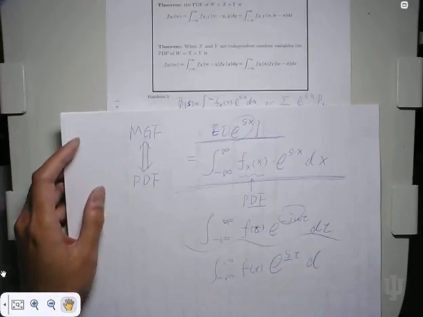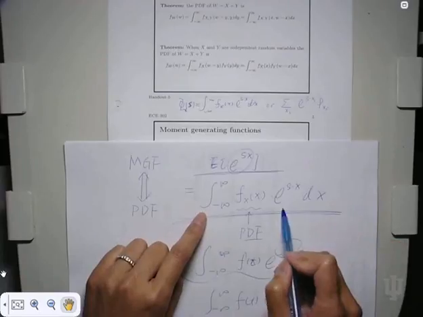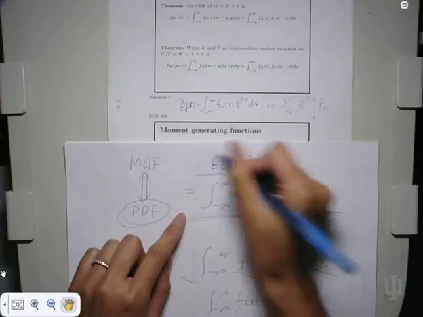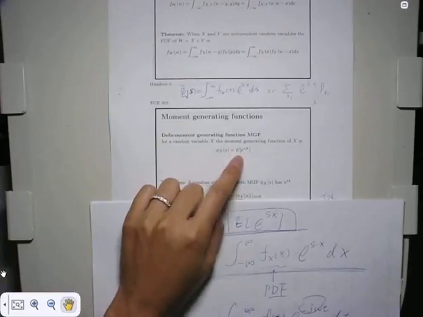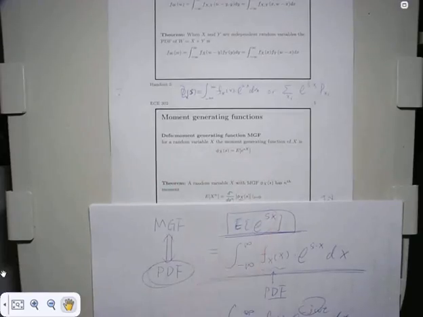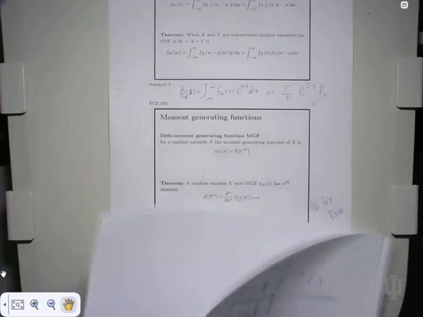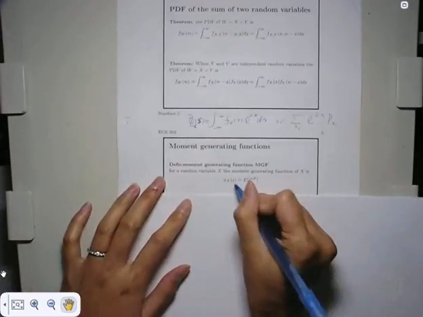So this form is very nice because it's the frequency transform of your PDF. Same definition. Expected value of e to sx is actually just the Laplace transform. And moment, so this function has to be a function of variable s, right? Because you are in the s domain.